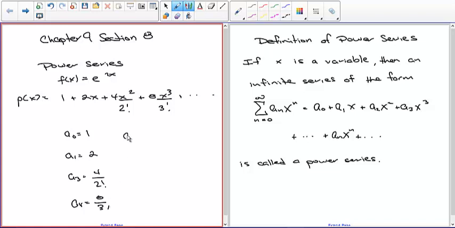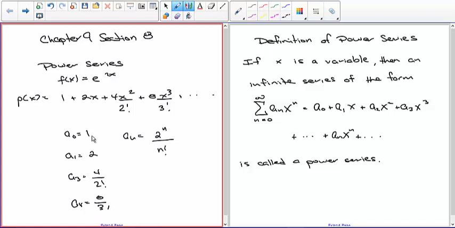And I think you could represent a sub n as something like, now, what would it be? These are raised to a power, so it's probably going to be 2 raised to the n power divided by n factorial, right?